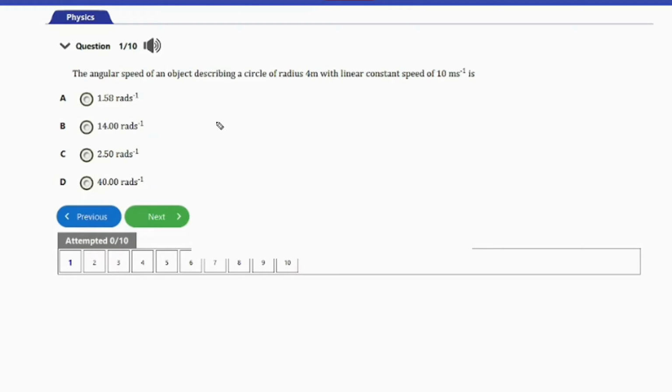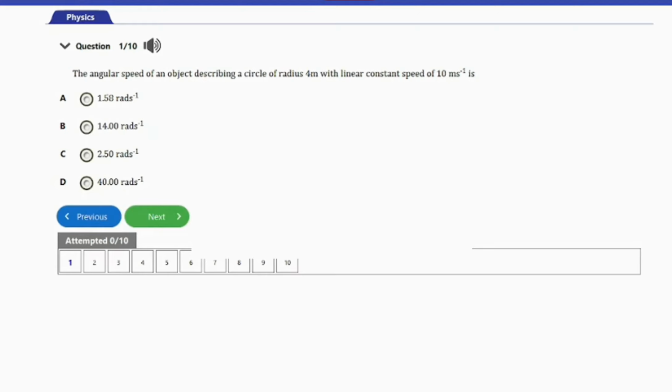To get the angular speed, we relate it to the equation: linear speed is angular speed times the radius, so v = ωr. To get ω, we divide v by r. Here we divide 10 meters per second by 4 meters, and we get 2.5, and that's option C. So that's it for this question.